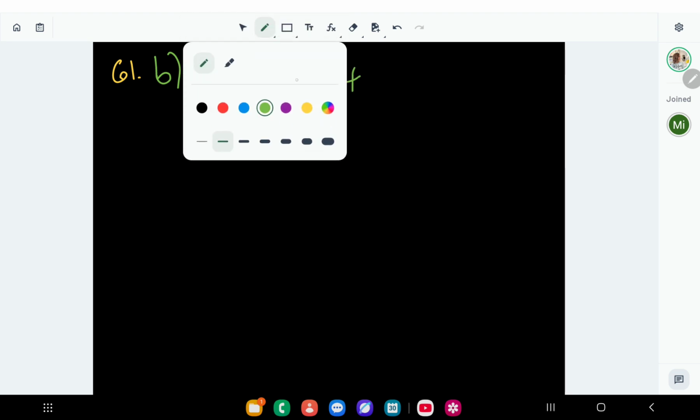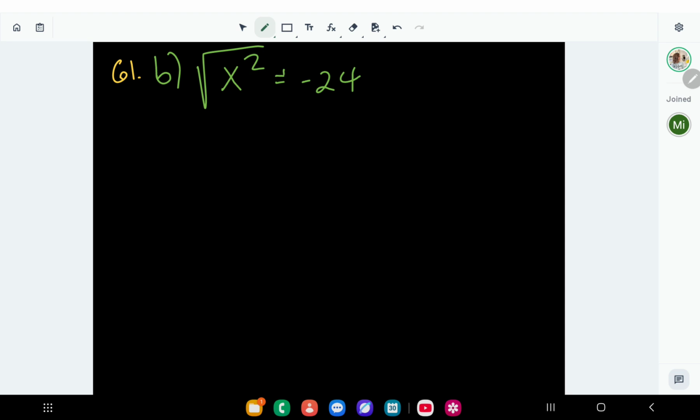Okay, then we move on to 61b. We're too fast. It's good to be fast, but you understand everything correctly? Good. Okay, for letter B, we have x squared equals negative 24, and then we just get the square root of both sides.